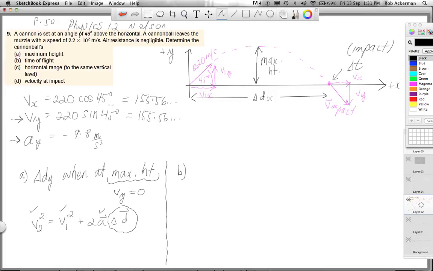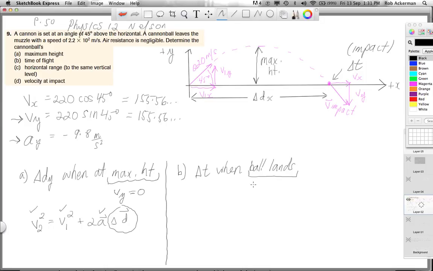Okay, let's take a look at part B, the time of flight. So they want us to know delta t when the ball lands. Well, again, you have to translate an English sentence into math ideas. When the ball lands, how do I make that into a math idea? What for sure happens when the ball lands?